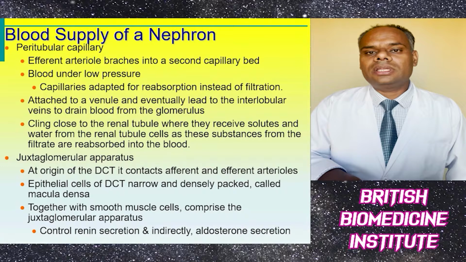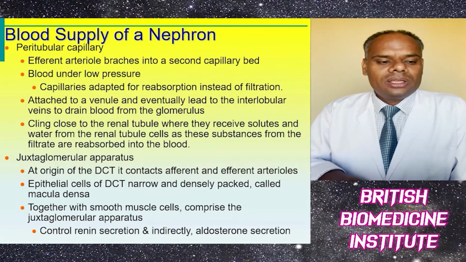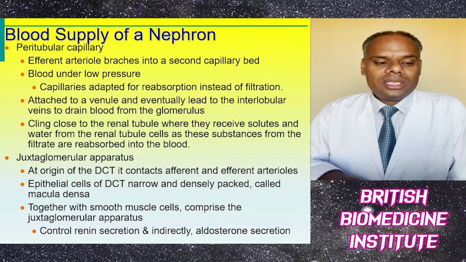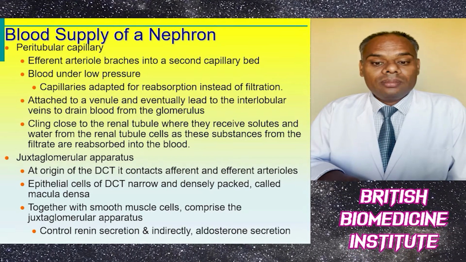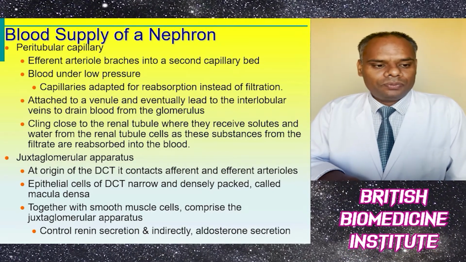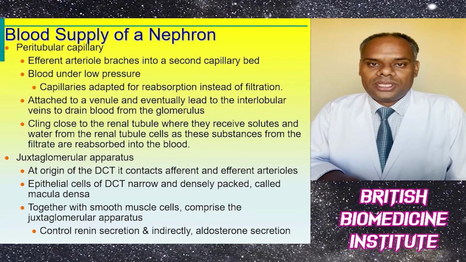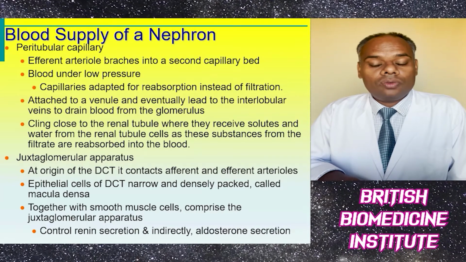So now comes the blood supply of a nephron. Basically there are peritubular capillaries. These come from the efferent arteriole, which branches into a secondary capillary bed, and blood will flow under low pressure. The capillary is adapted for reabsorption instead of filtration.